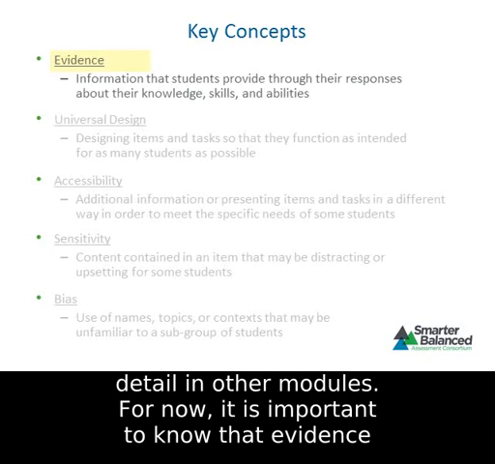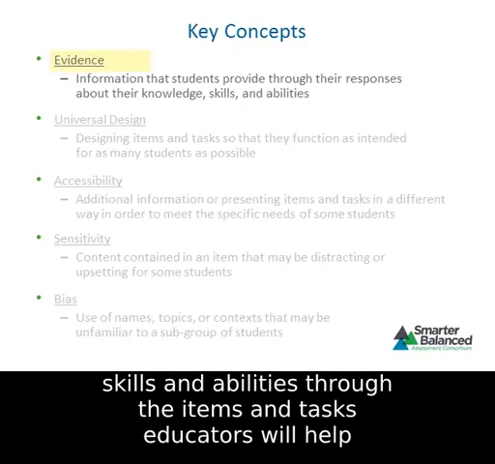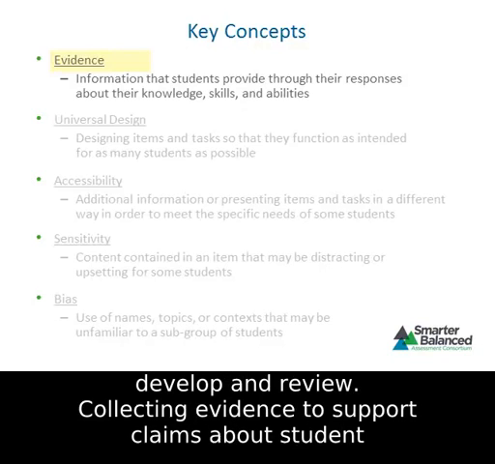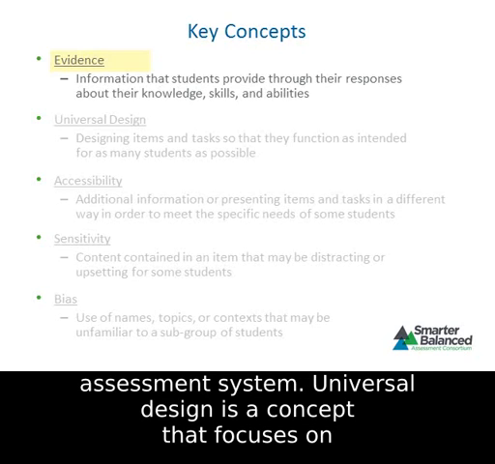For now, it is important to know that evidence focuses on the information that students provide about their knowledge, skills, and abilities through the items and tasks educators will help develop and review. Collecting evidence to support claims about student learning is the primary goal of the Smarter Balanced Next Generation Assessment System.